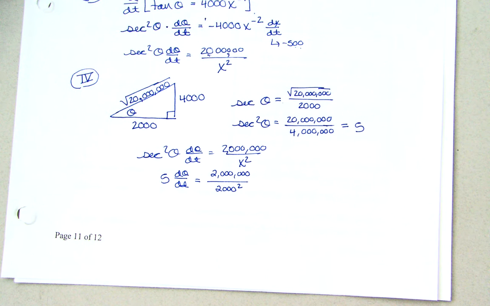And then I just have to talk with you guys about the units. I promise it's going to be a pretty nice final answer. Like a fraction, but a good fraction.